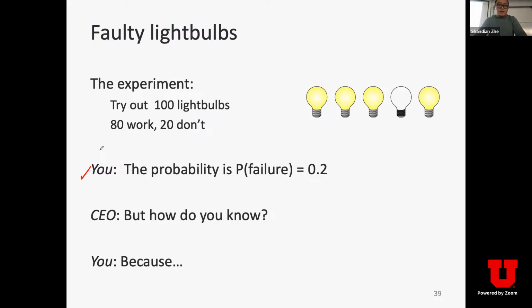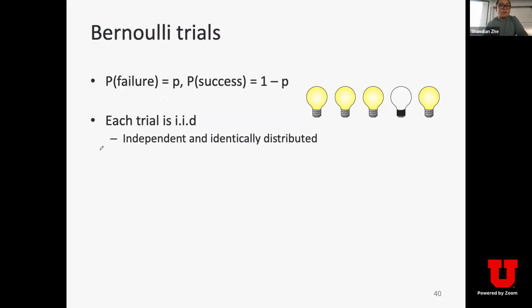We're going to justify it in a maximum likelihood estimation framework. First, as we mentioned, if you want to conduct maximum likelihood estimation, you need to first model the likelihood. So first, assume that our failure probability is P, which is unknown.